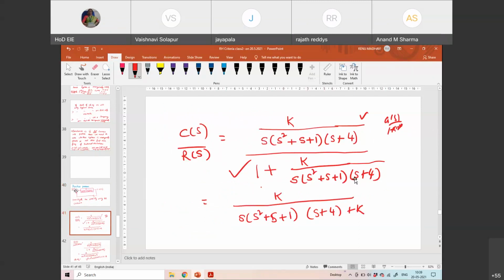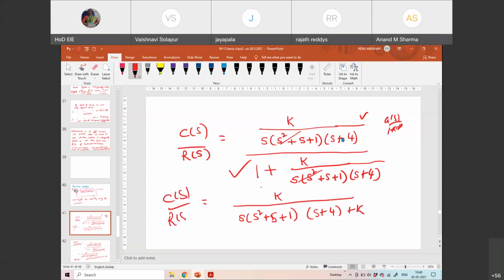So this and this get cancelled. Finally you are left with k by s into (s square plus s plus 1) into (s plus 4) plus k. This is your transfer function.